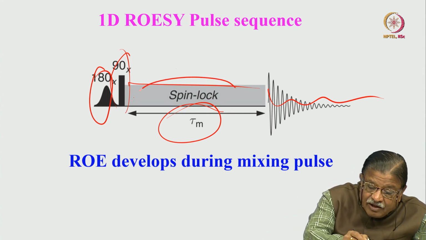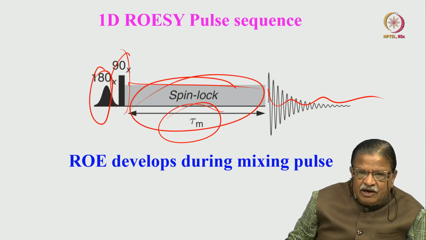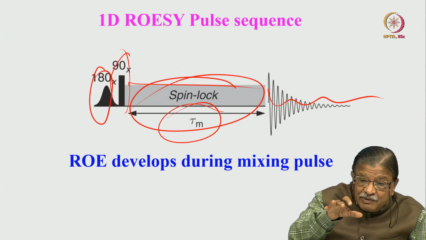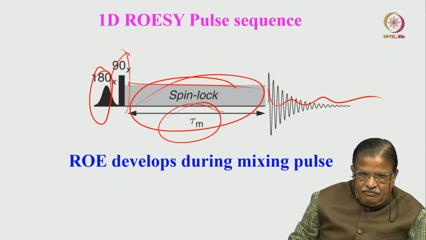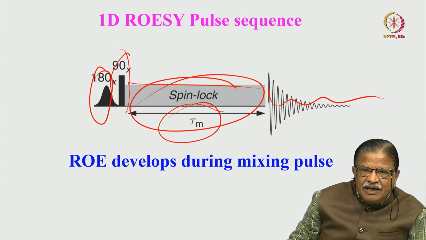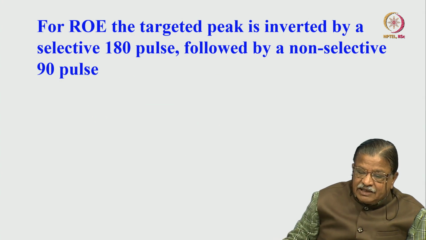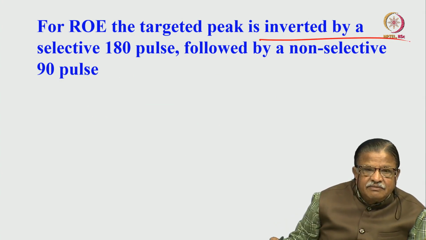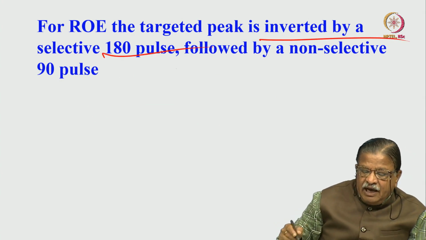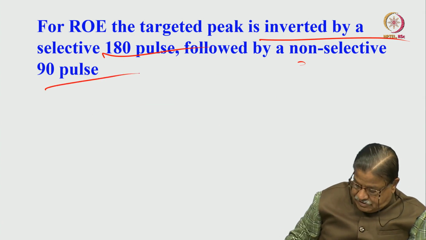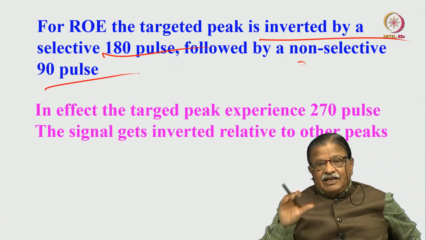And this is what is called the rotating frame. When you are doing the spin locking, your spins are in the rotating frame, and that is where ROE is going to develop. Okay. So, for ROE, the targeted peak is always first inverted by a selective 180 pulse and then followed by a non-selective pulse. Then what will happen? The effect is a 270 pulse.